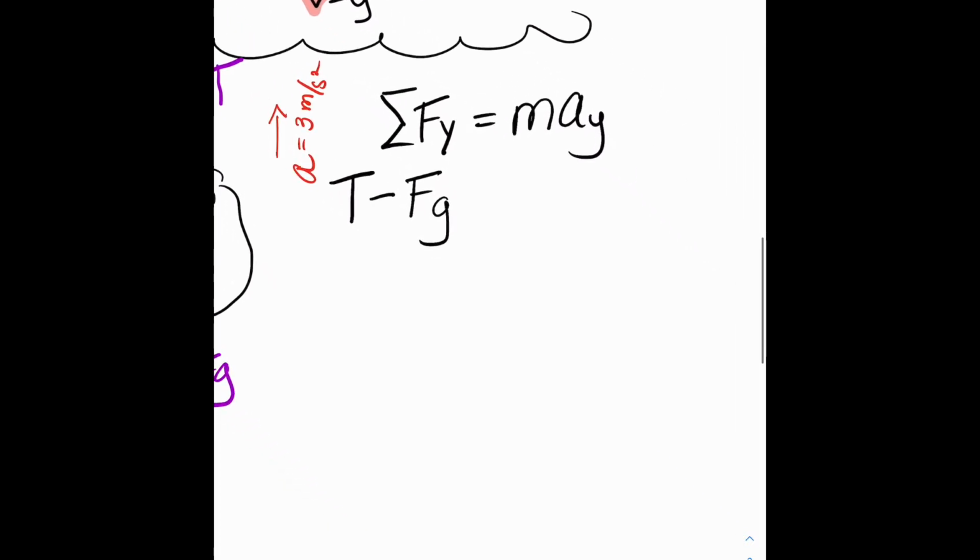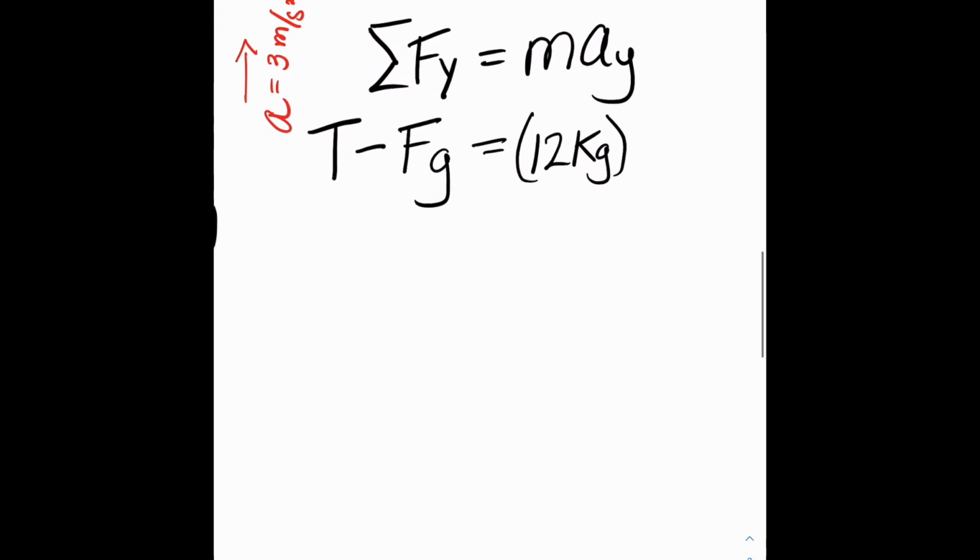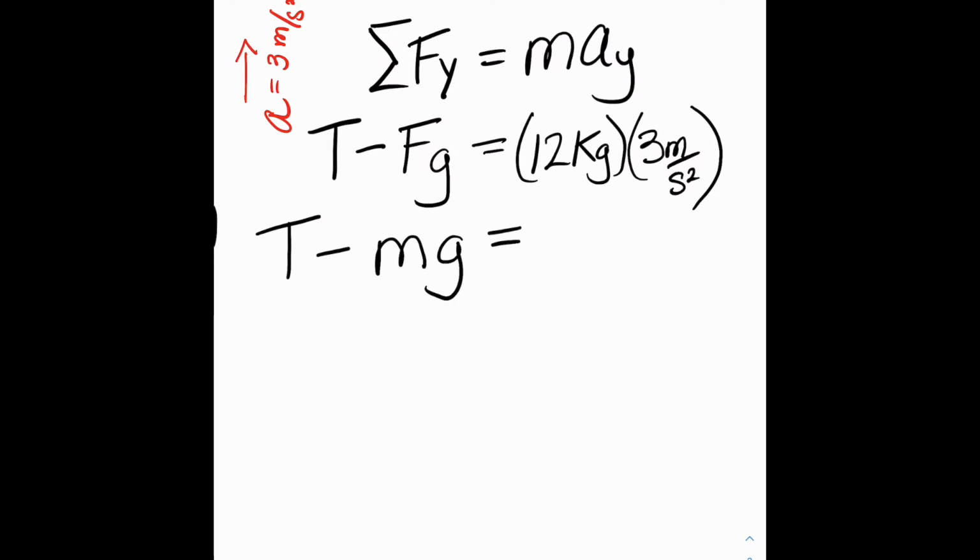All right. Over here, we're going to go ahead and apply the mass of the tire, which is 12 kilograms. And this is the net acceleration the tire undergoes, which is going to be that positive 3 meters per second squared. So far, so good. We don't know tension, so we'll just rewrite that for the next line. We know FG is always mg. All right.